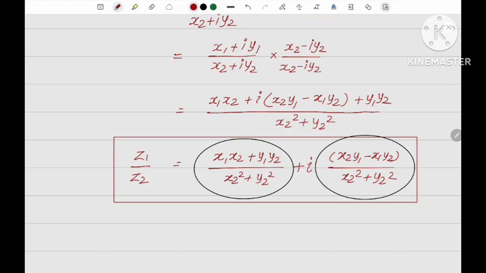These longer steps may not be necessary in subsequent classes if you understand the properties of modulus, properties of argument, and properties of conjugate, and we will use them later. But I want to show you that if we continue doing these long steps, we might take a little more time to solve the same problem, which we can solve in another way, which we will discuss later. But right now, basics are the first thing that we have to understand.